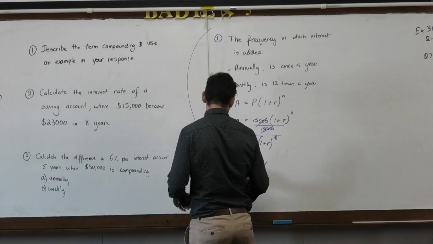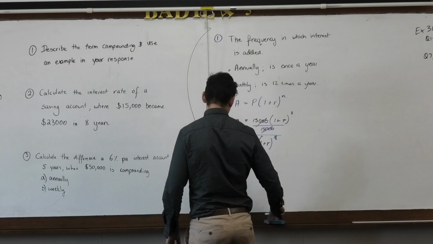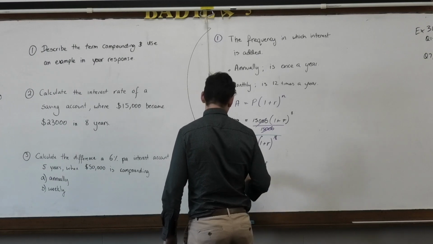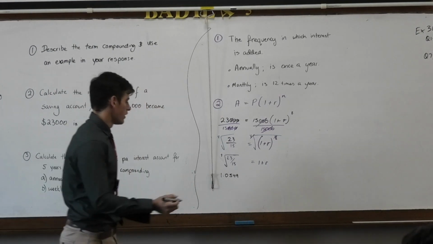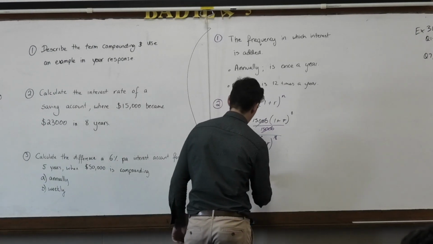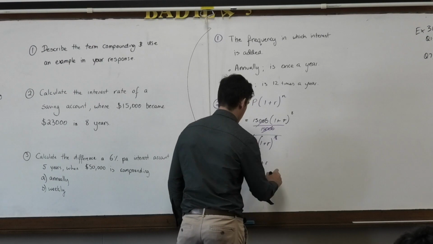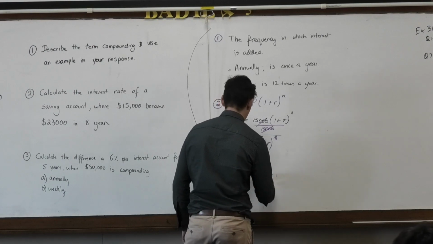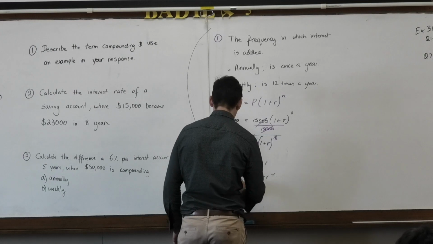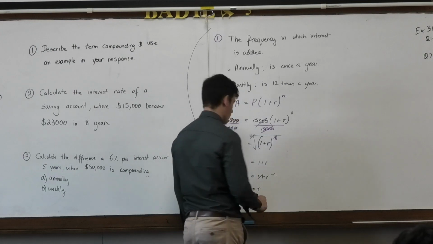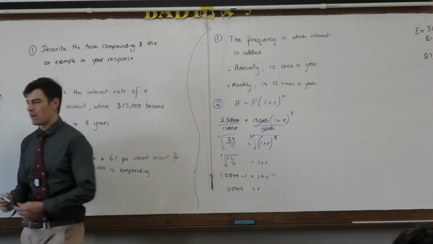1.0549. That equals 1 plus R. What do I do with the 1? Minus 1 from both sides, and I'm left with R equals 0.0549. Is that how to represent our interest rates?